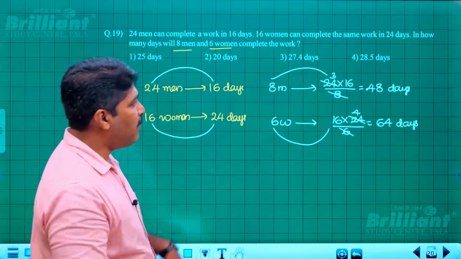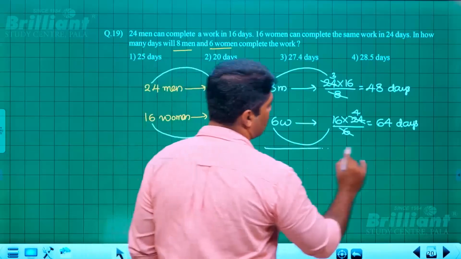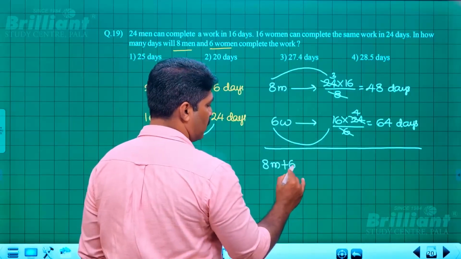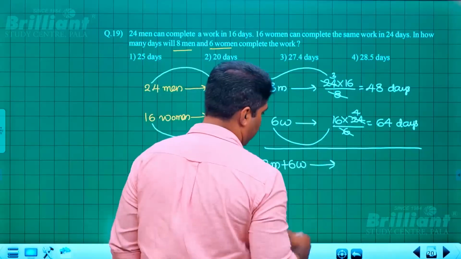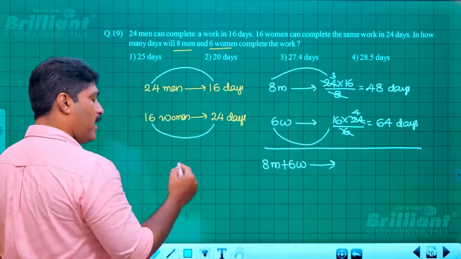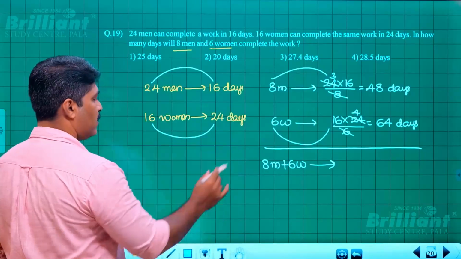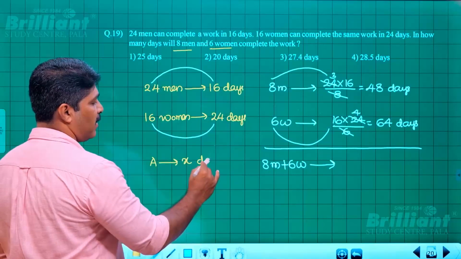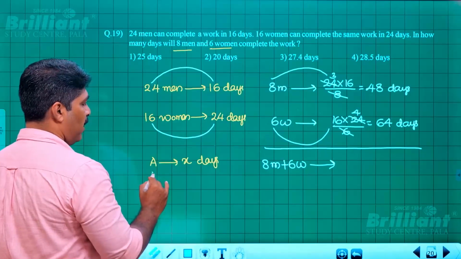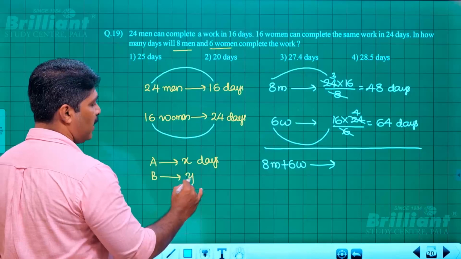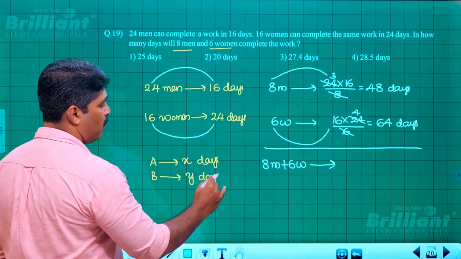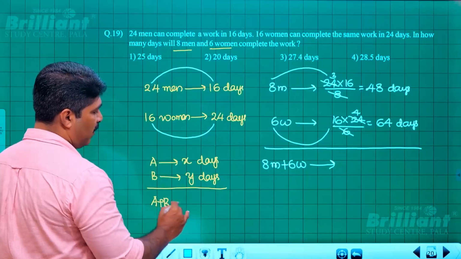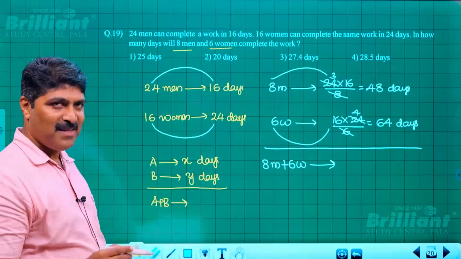Then what is the time required for 8 men and 6 women? There we are applying an important result. So what is the result? If A alone can complete a work in X days, and B alone can complete the same work in Y days, then in how many days can A and B together finish the same work?